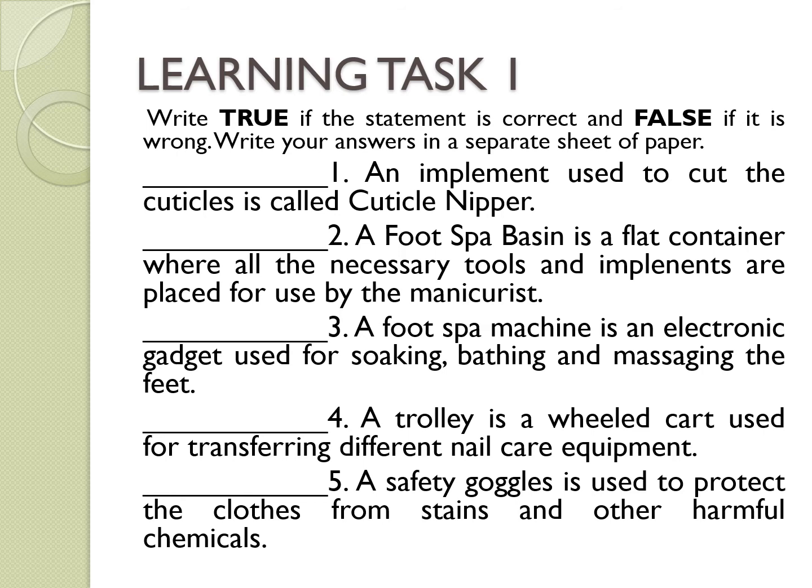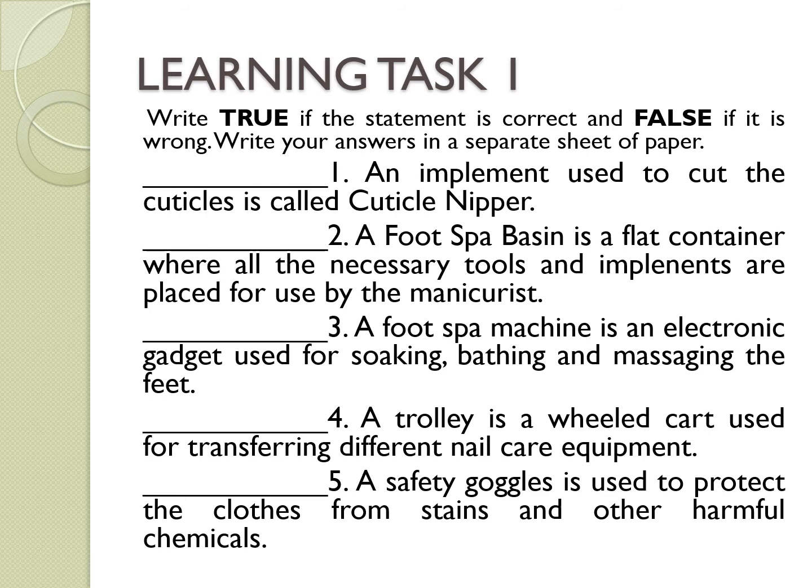2. A foot spa basin is a flat container where all the necessary tools and implements are placed for the use by the manicurist. Write true if the statement is correct and false if it is wrong. Number 3.